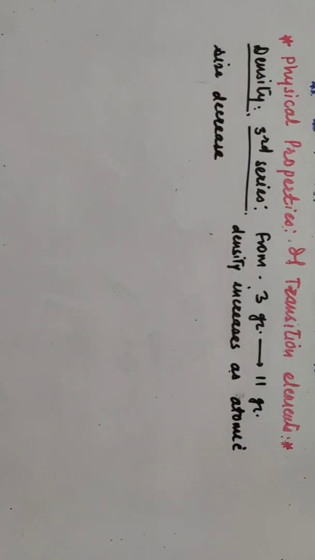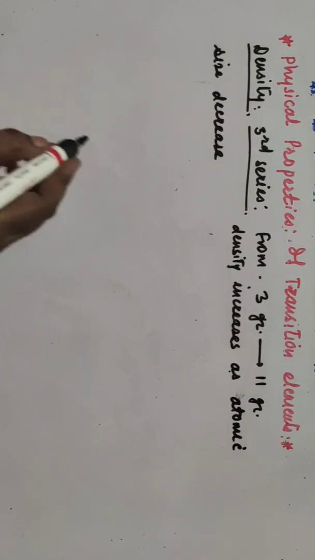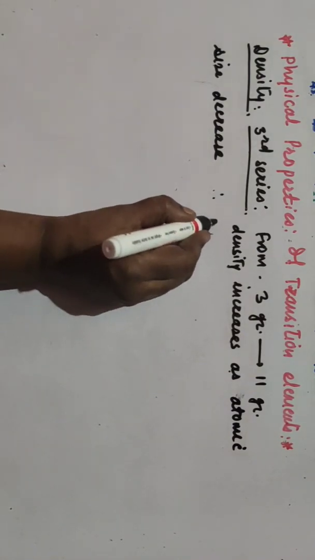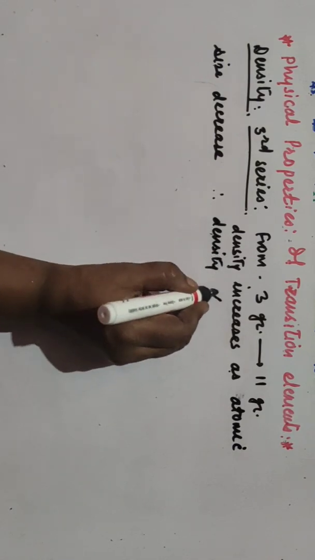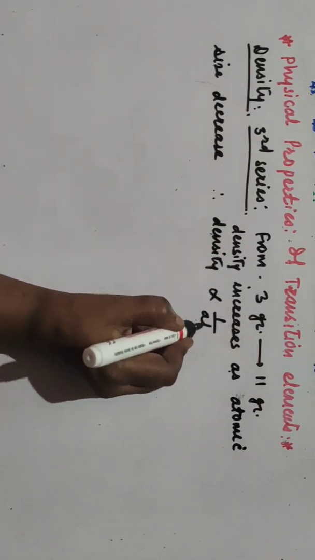If atomic size increases, the density goes on decreasing. If density increases, atomic size goes on decreasing. That means density and atomic size are inversely proportional to each other. That is, density is inversely proportional to atomic size.